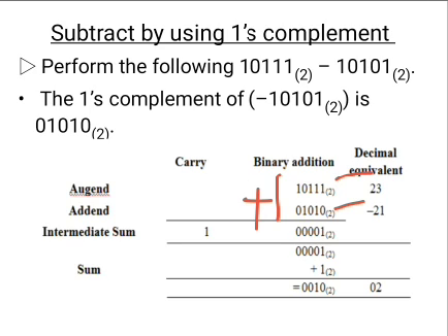By adding these two, we will get the intermediate sum. That means 11111, but we are getting 1 carry. This carry is added to the intermediate sum.